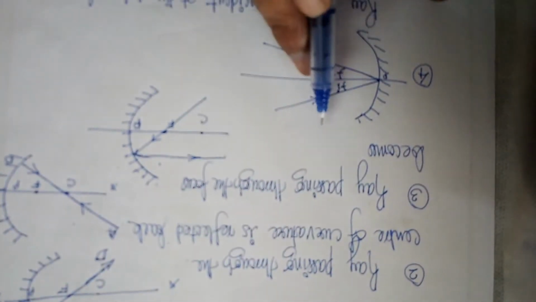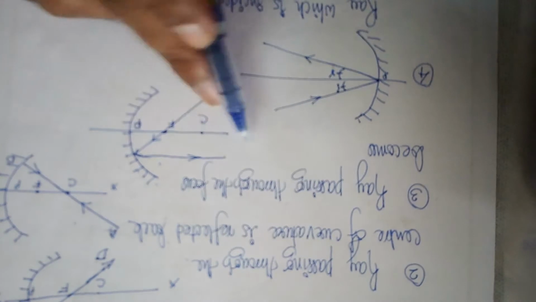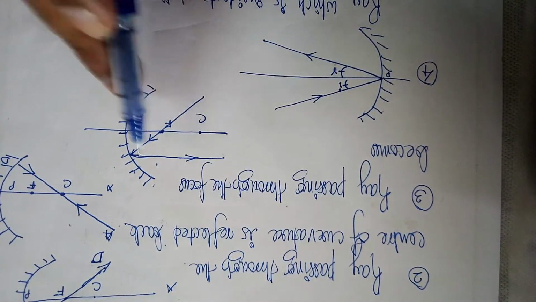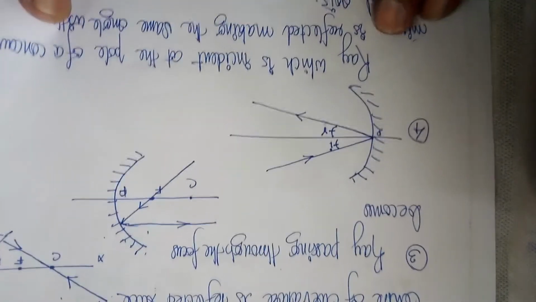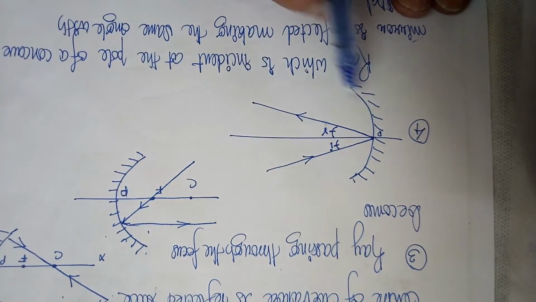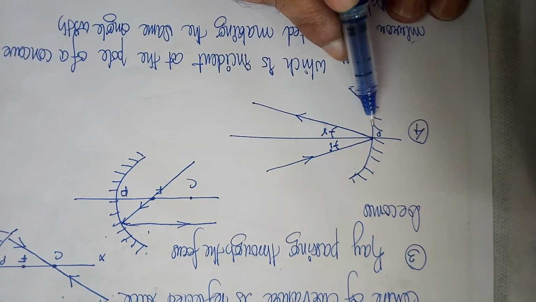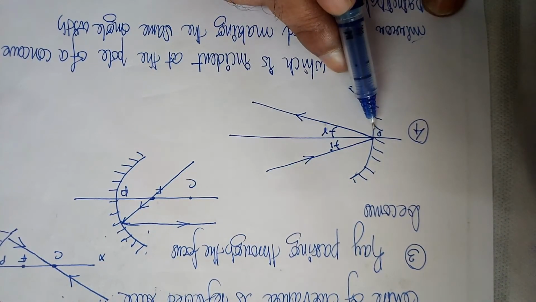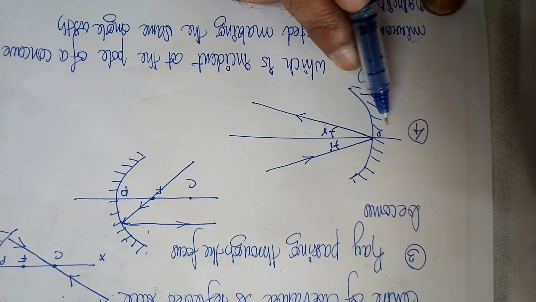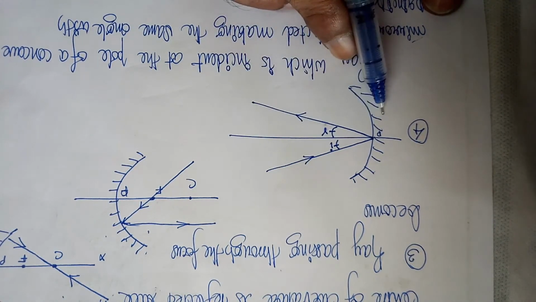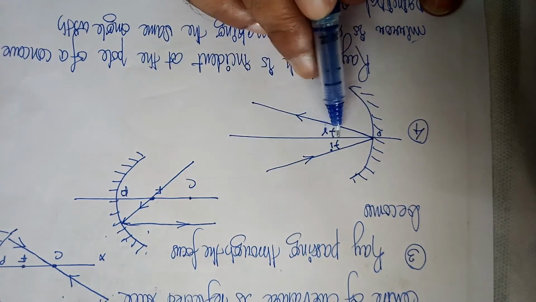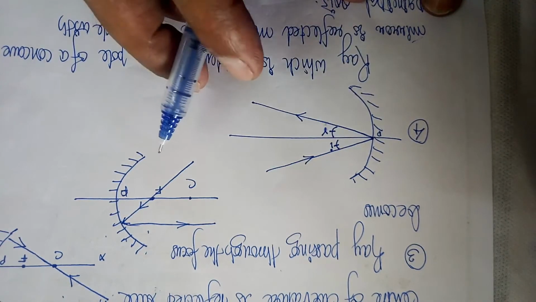The ray passing through the focus becomes parallel to the principal axis after reflection. And when the incident ray hits the pole of the concave mirror, it is reflected back, making the same angle with the principal axis, meaning I is equal to R.